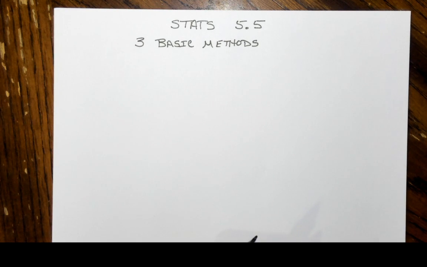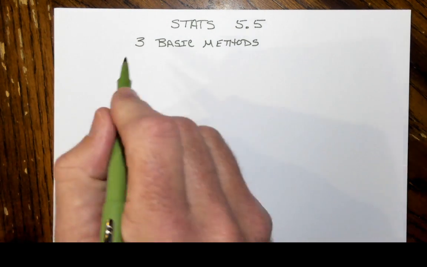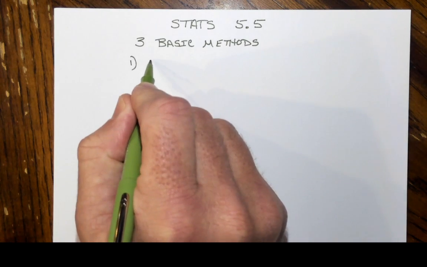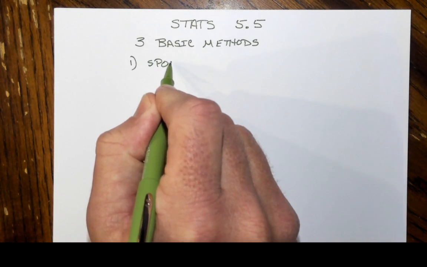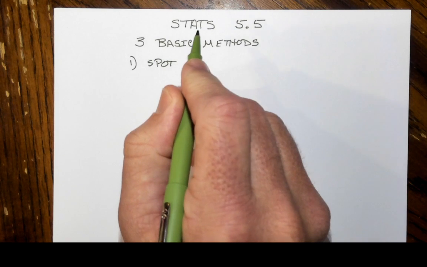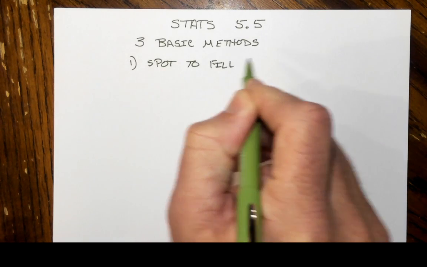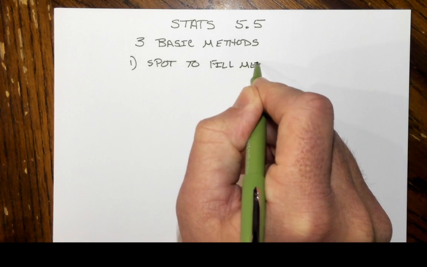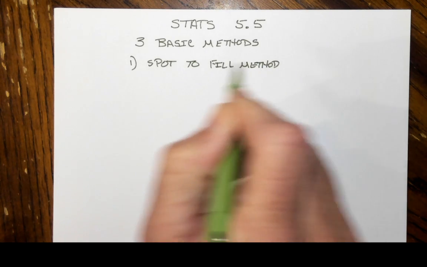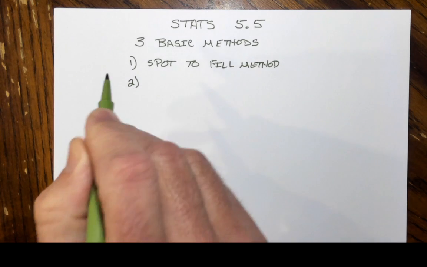There we have 3 basic methods here called counting techniques. One's called a spot to fill. Second one's called a permutation.